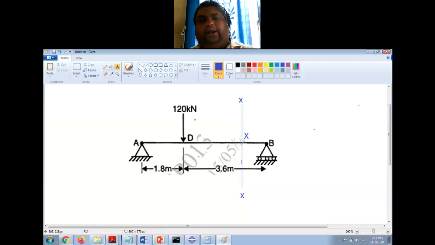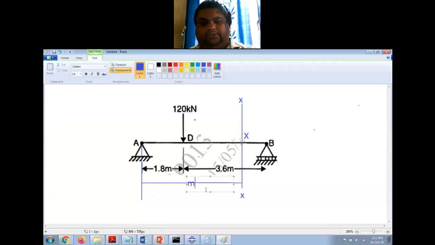Now at this section I will be finding the bending moment. From A, this XX is at a distance of X.